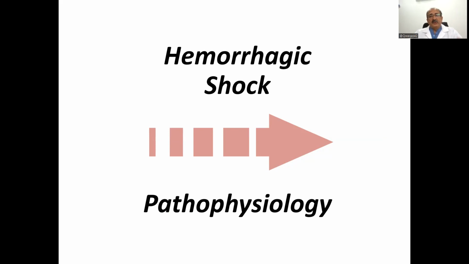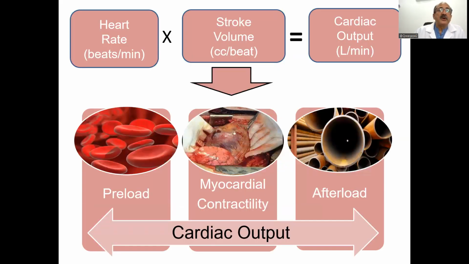If we look at the pathophysiology of hemorrhagic shock, what happens? Cardiac output, which is reduced in hemorrhagic shock, is the product of heart rate and stroke volume. And the stroke volume itself is dependent on myocardial contractility, preload, and afterload.